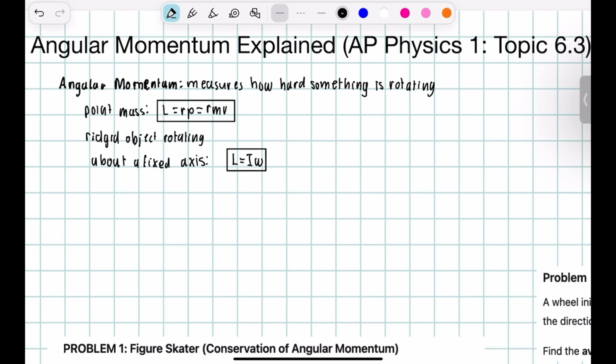So just to label our variables, L is angular momentum. We have I as the rotational inertia or moment of inertia, and omega is the angular velocity.